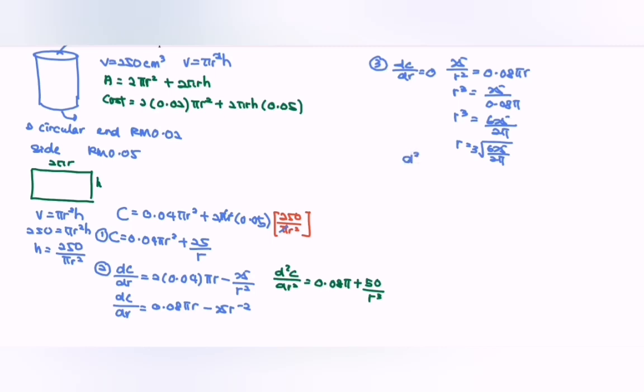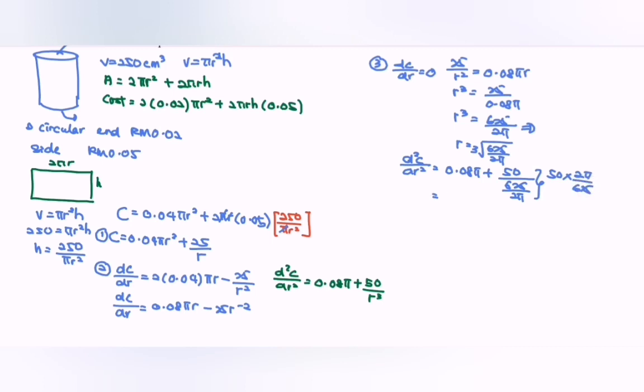Next, what we have to do is to test the value by using the second derivative test. So the second derivative test, where we have 0.08 pi, and then plus 50 over r cubed. Make use of the situation r cubed equals 625 over 2 pi. If we rewrite the situation, we have 50 multiplied with the 2 pi over 625.